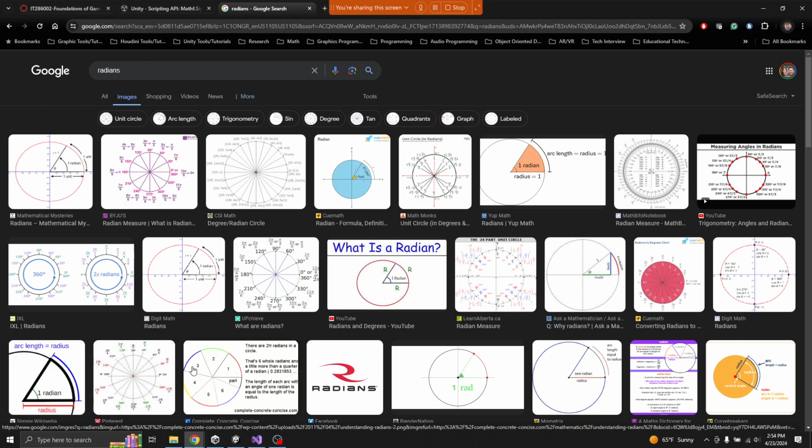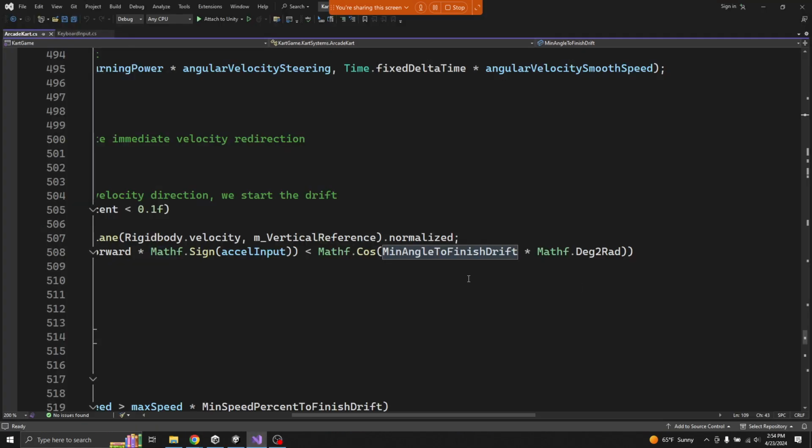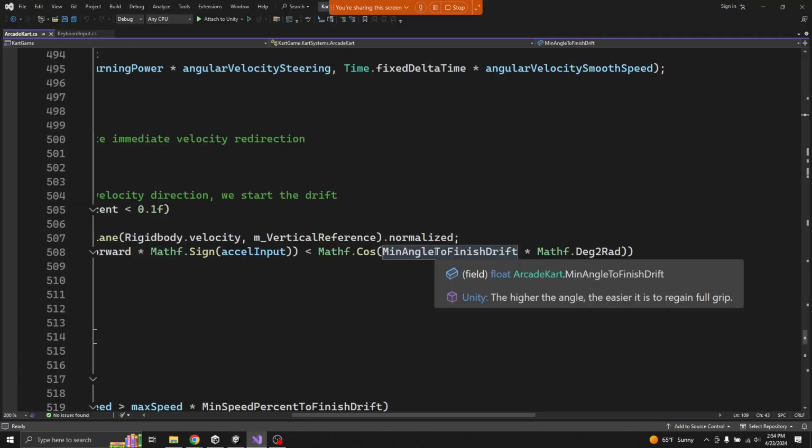So we see here it's like 1, 2, 3, 4, 5, 6, and then a little part, right? And pi is 3.14, and so on. So 2 times 3.14 is 6 and a bit, right? So I know that 10 wouldn't make sense because 10 is past a full circle. So this must be in degrees.